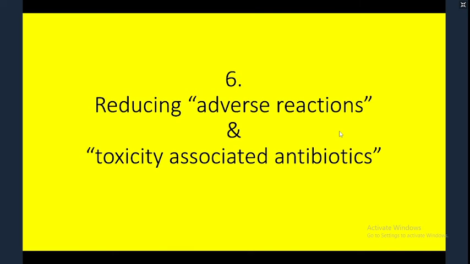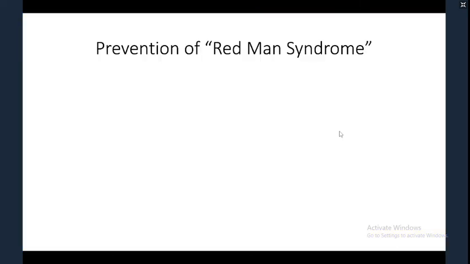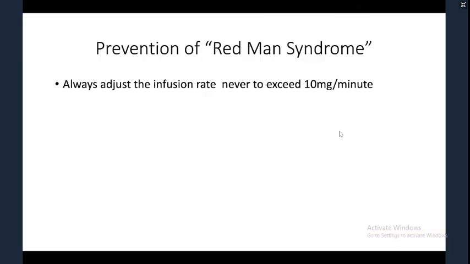So how are we going to reduce adverse reactions and toxicity associated with medicine? First, how to prevent red man syndrome. As I have just discussed earlier, it is associated with an increased rate of administration, the infusion rate of IV vancomycin.